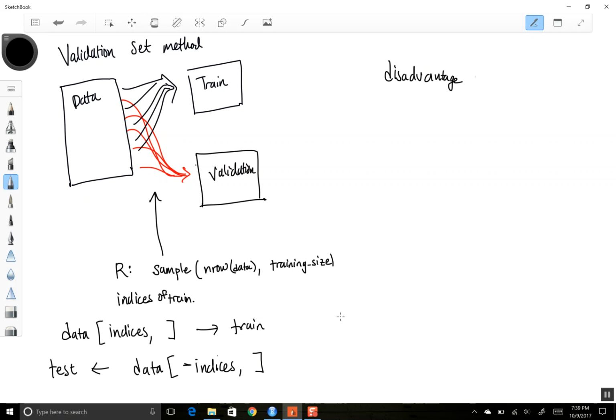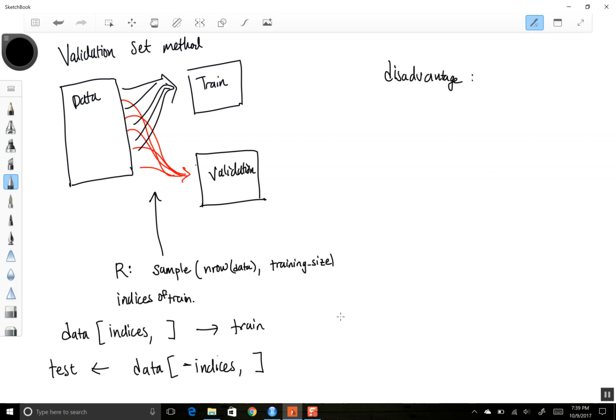Okay. The disadvantage is that your training data set is missing everything that's put in the validation set, right? So if you decided to do a 60-40 split, you're training only on 60% of the data, okay?